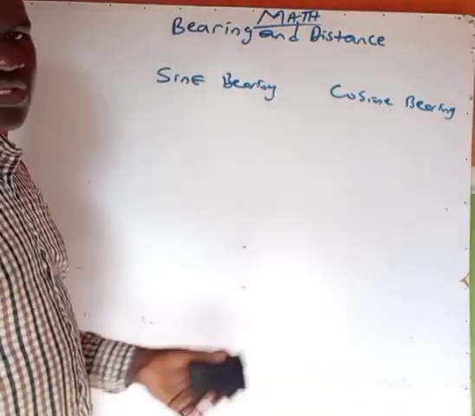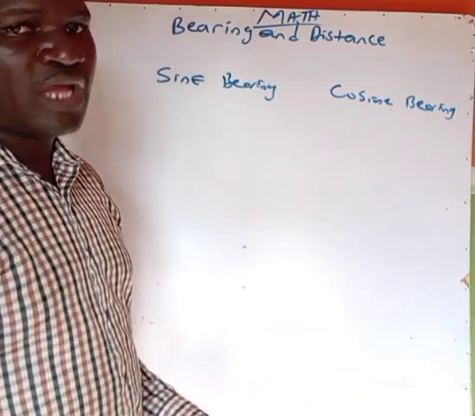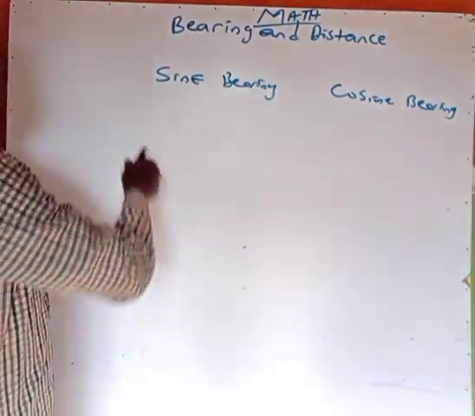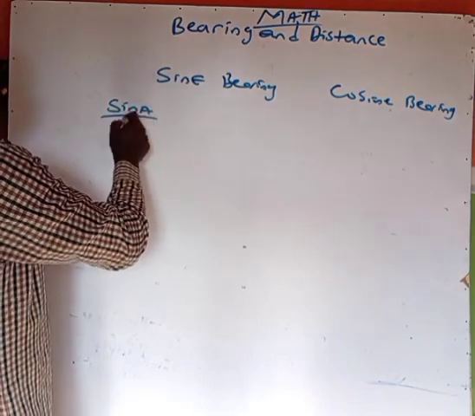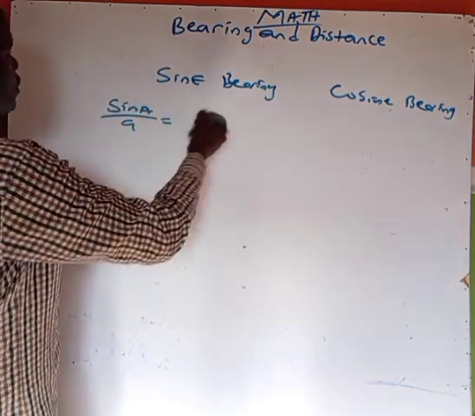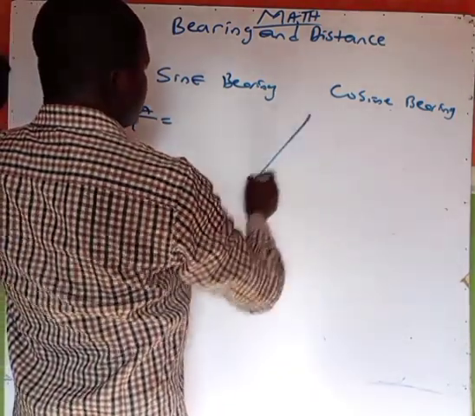What is the difference between sine bearing and cosine bearing? I believe you know the formula. For sine, it is sine A over a. Once you are given a triangle, let's say you are given a triangle like this.